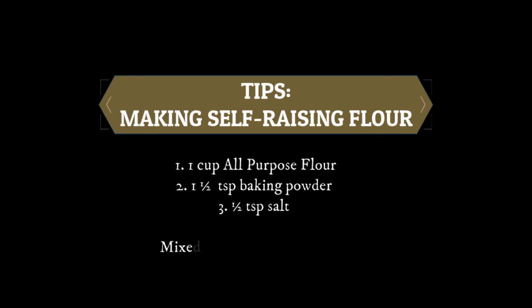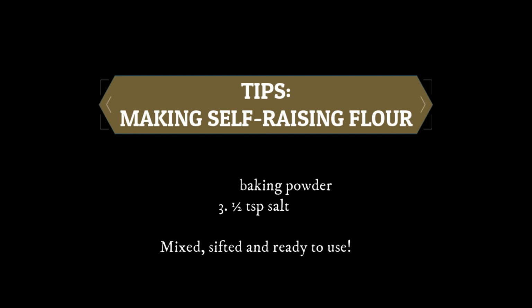And the second is 1.5 teaspoons baking powder, and the last one is half a teaspoon of salt. And then if you have all the ingredients, you need to mix them and sift them, and after that you can directly use it for your baking session, or you can store it in dry storage.